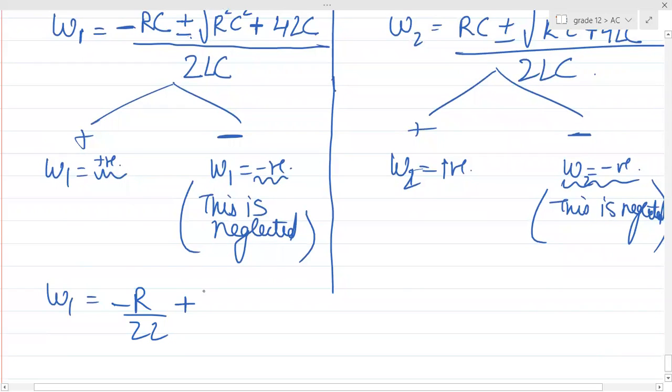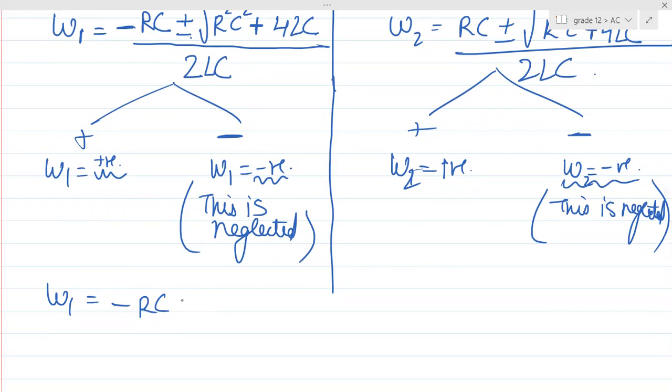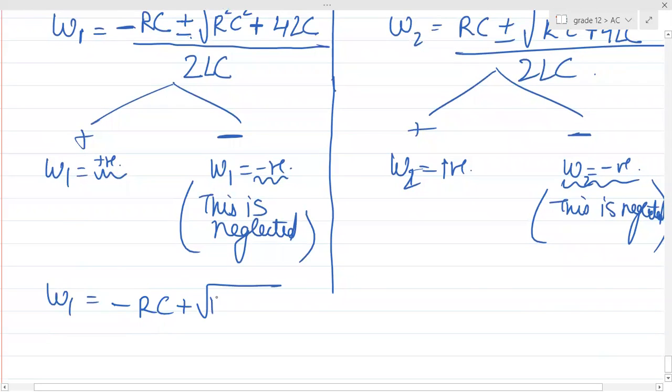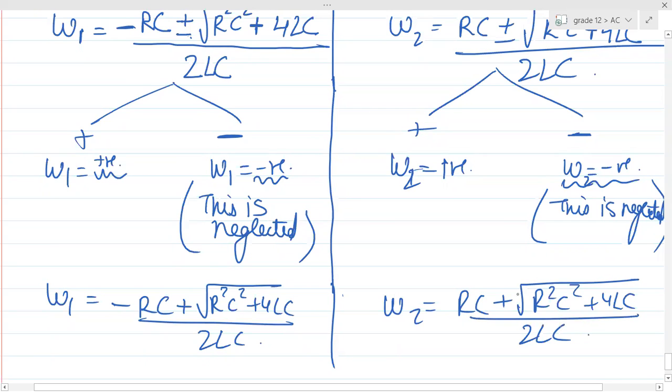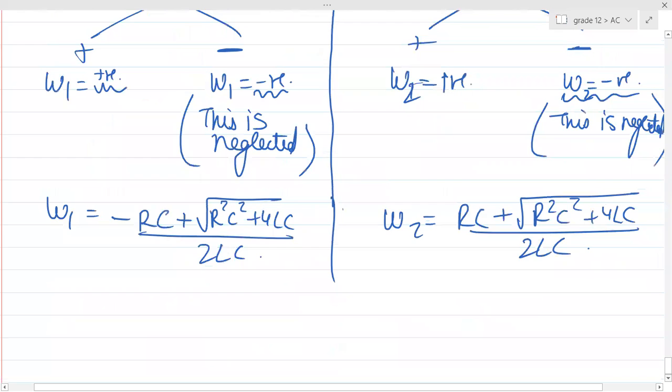Instead of solving it the whole way, you can just write minus RC plus under root of R square C square plus 4LC divided by 2LC, and omega 2 will be equal to RC plus under root of R square C square plus 4LC divided by 2LC. So the only difference is this RC sign, which has a negative sign in one and a positive sign in the other. That's it.